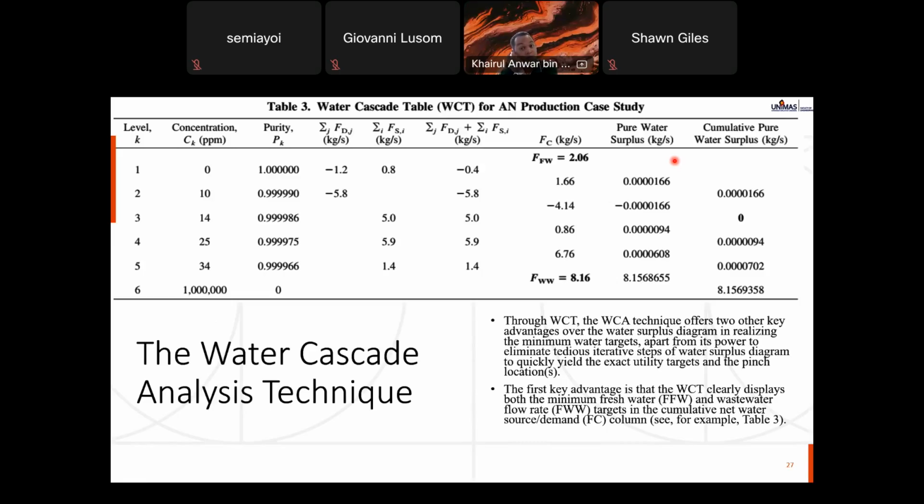Sorry, this is the water cascade table, the value CP for the AN production case study. So this is the complete water cascade table. Here we have six levels, the concentration starting from 0 to 34. The 1 million is the maximum.